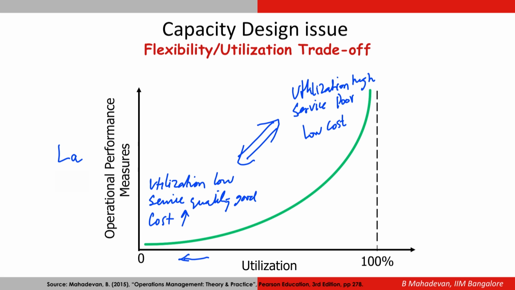So if you come down, the quality is good, but utilization is low, the cost is quite high. If you push it to the other side, the utilization is high, cost is low, and the service is poor. So this is the fundamental trade-off that we need to make in business. As we see in this graph, both the ends are not really interesting, because you cannot afford to have a very good service which is too expensive, which will make you uncompetitive, nor can you worry too much about cost that the service quality is so bad customers are not going to come.